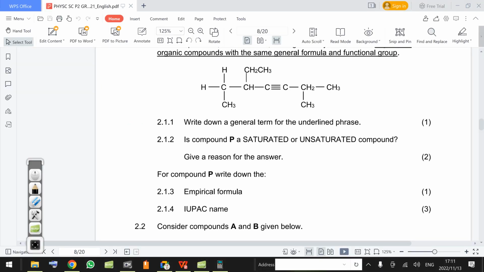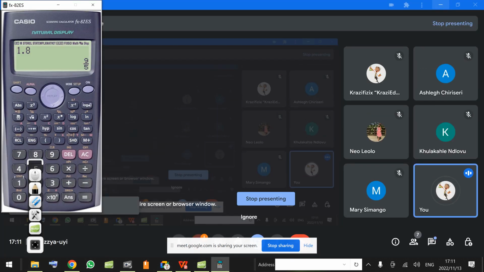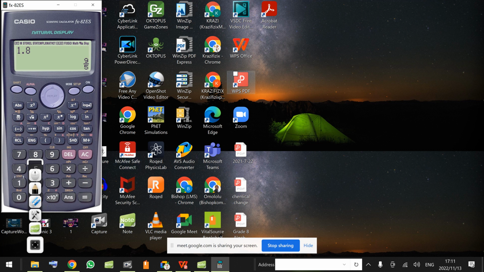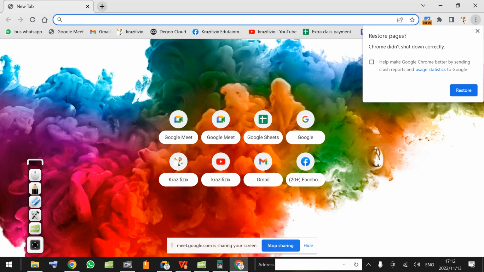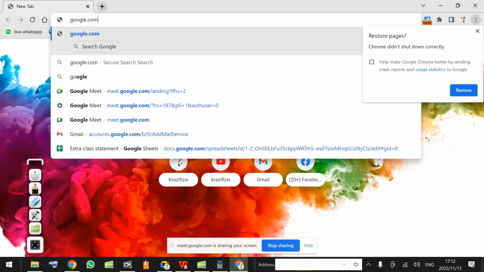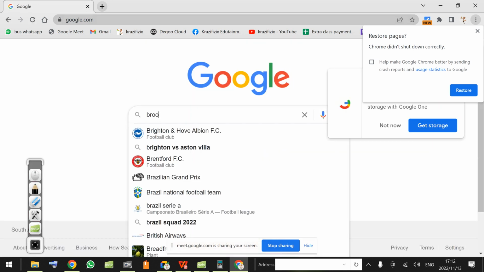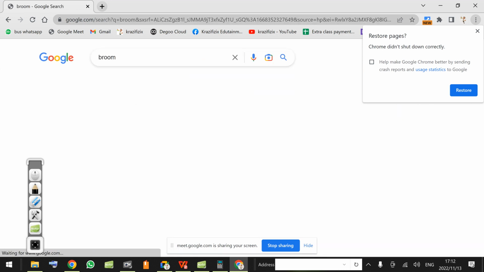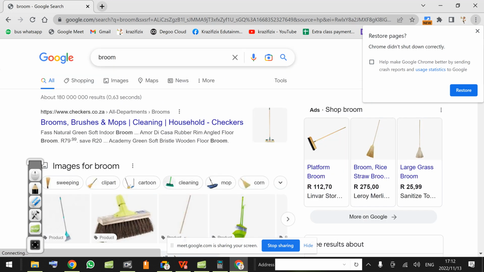Okay. All right. Let me Google a Nigerian broom. Yeah, no, I'll just search for a broom. Please don't write Nigerian broom in tomorrow's multiple choice. You see, they give me these white people things.